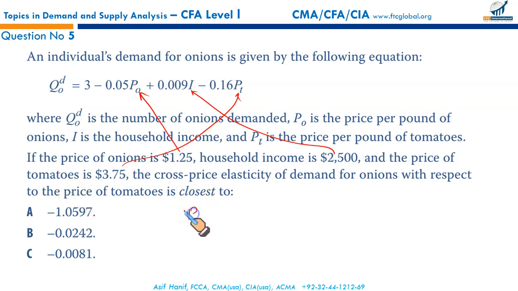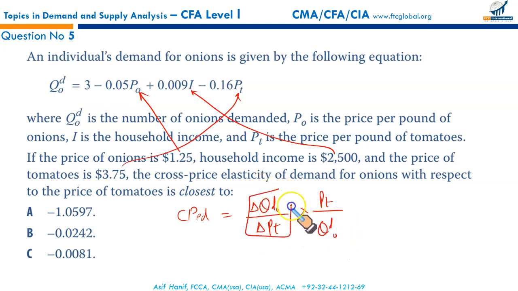Cross price elasticity of demand is equal to change in quantity demanded of onions upon change in price of tomatoes multiplied by price of tomatoes upon quantity demanded. We have this factor given right here, negative 0.16.